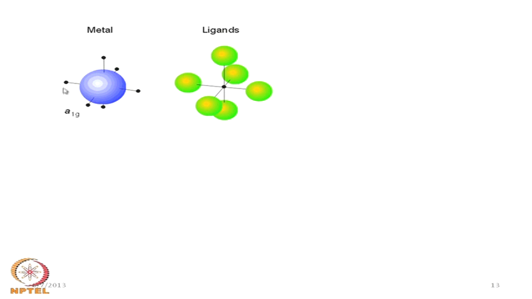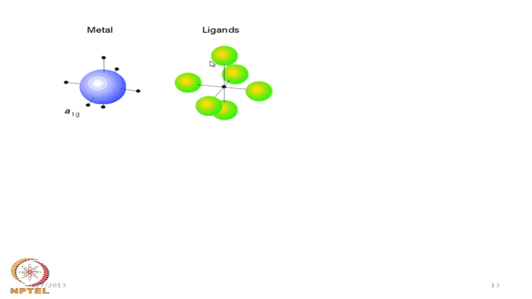So, we have the metal s orbital which is symmetric, and the 6 ligands are approaching along the 6 axes, along which we have a spherically symmetric arrangement. This we can label as A1g symmetry, and it can match very well if we put the ligand orbitals as well.